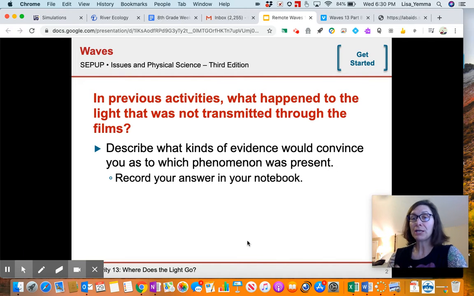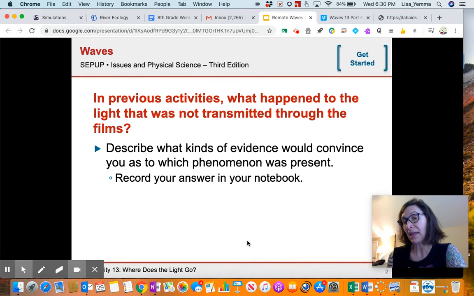Therefore, I know that the energy that was absorbed the most increased the temperature the most. So that film would be good if I wanted to absorb energy and in turn turn it into heat.